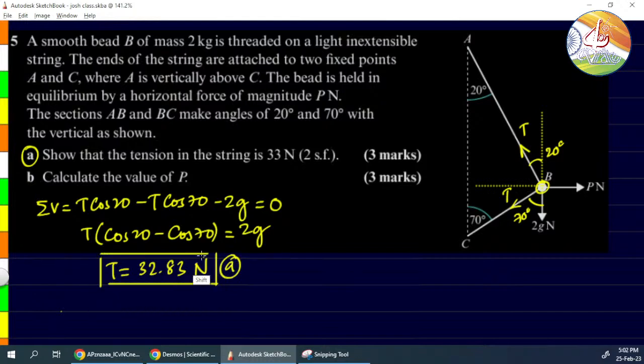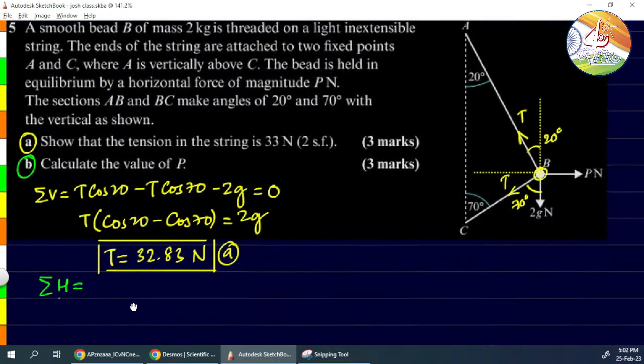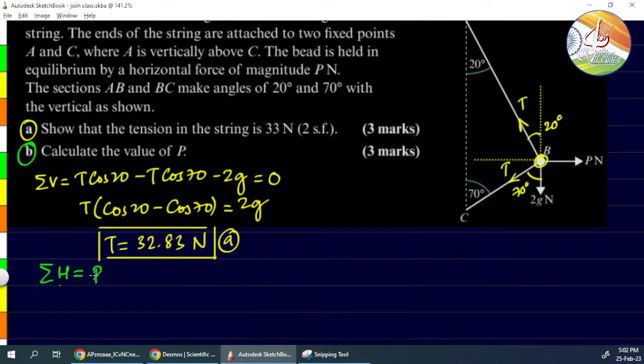Next, what is he asking next? B bit. Calculate the value of P. Now for P, let's go with sigma H, the horizontal components. Take all the horizontal components. P is acting on the right side, then the horizontal component of upper T is minus T sine 20, then the lower T is minus T sine 70. 2g, this weight is vertical, it will not have any horizontal component.